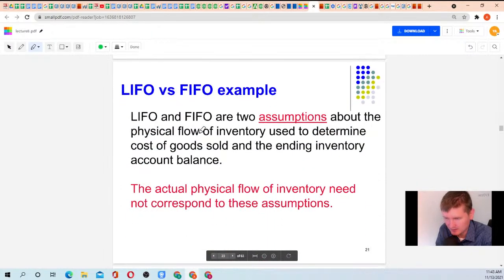Okay. Now, as we already covered, LIFO and FIFO. LIFO is last in, first out. FIFO is first in, first out. And we can use both of these under US GAAP for inventory. However, if I remember that correctly, if we use LIFO, we need to provide reconciliation to FIFO anyway.